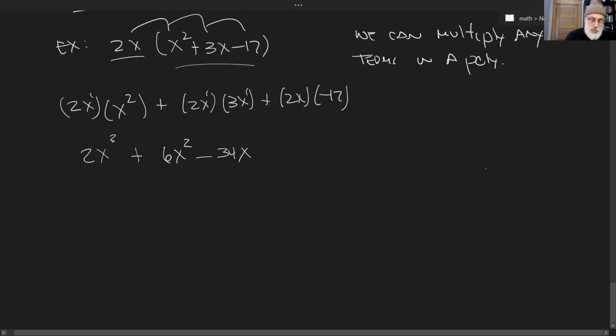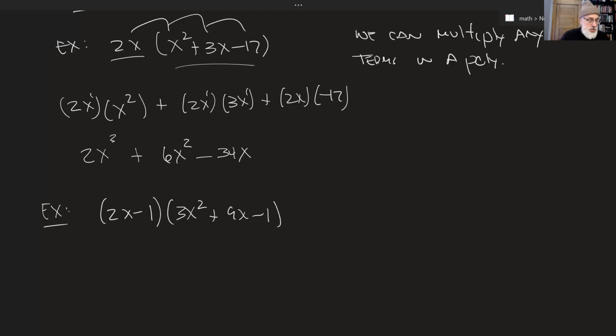What if we have a binomial? So let's look at that. 2x minus 1, and let's say we have 3x squared plus 9x minus 1. So this is a little different. We're going to distribute again. We're going to use the distribution property.